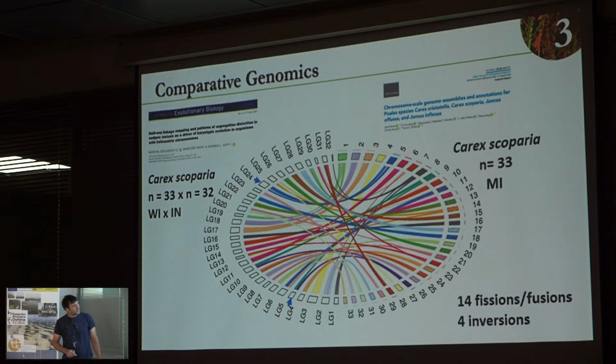And we found a huge amount of rearrangements of fission and fusion, like 14, plus 4 inversions. This is a very high amount of chromosomal rearrangements, taking into account that we are talking about individuals from the same species.